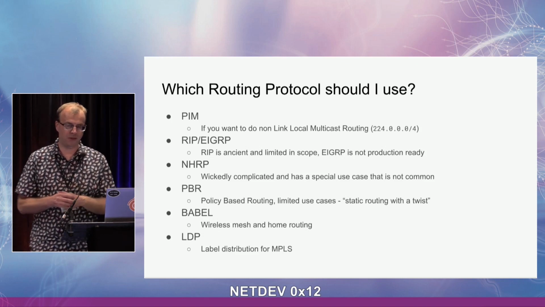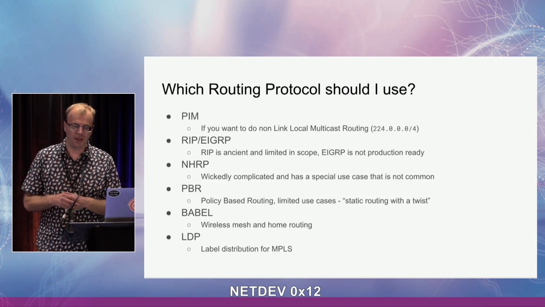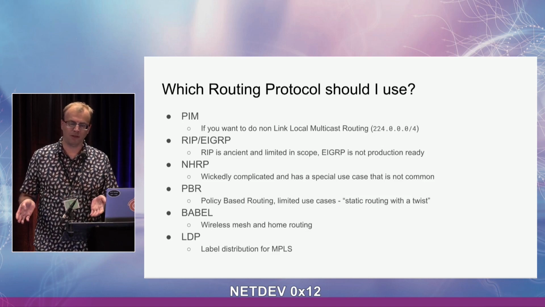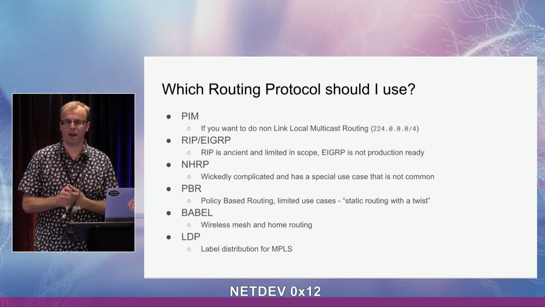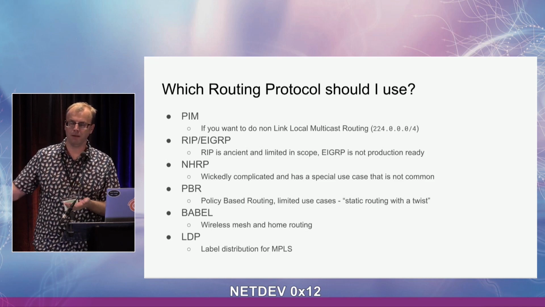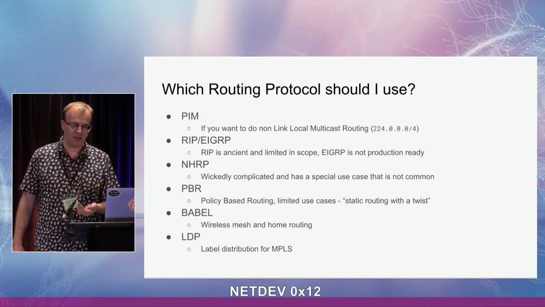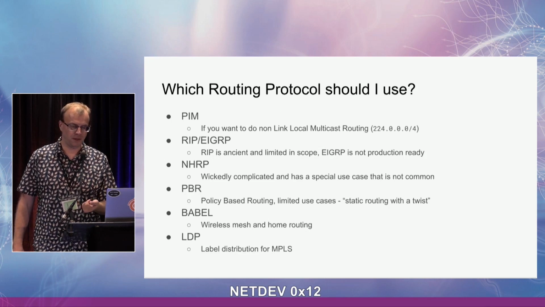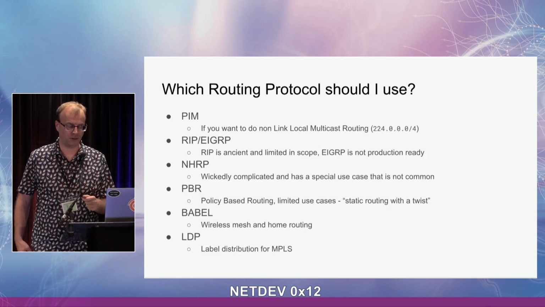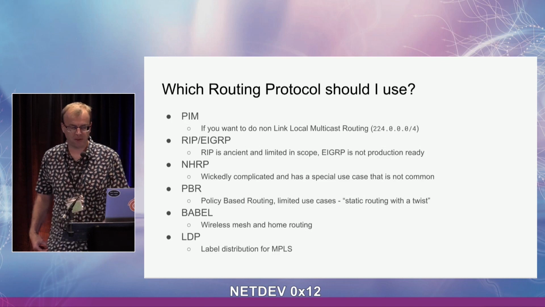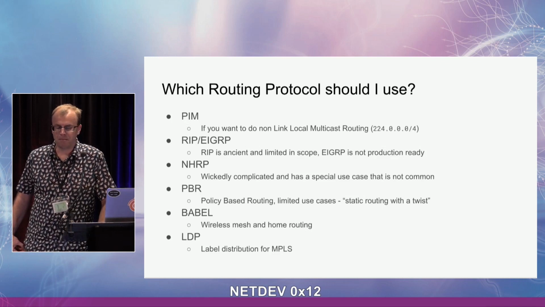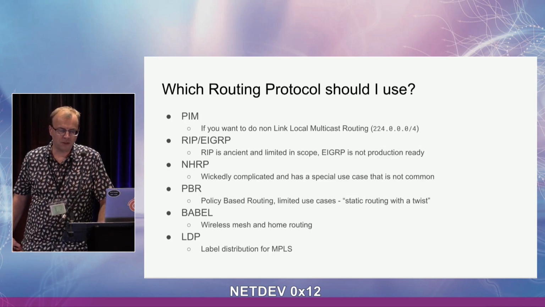NHRP is really, really complicated, and has a special use case that's not really that common. Basically, I want to have a one-to-many connection. That's what NHRP is used for. It's the DMVPN solution. PBR is policy-based routing. Again, it's limited use cases.